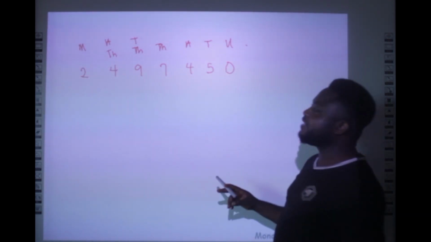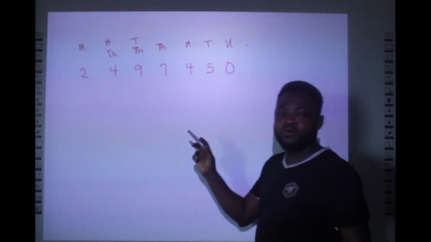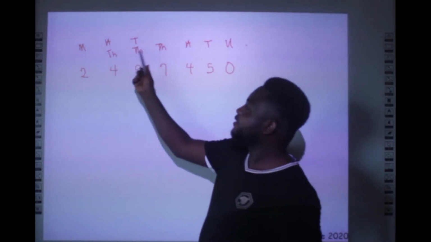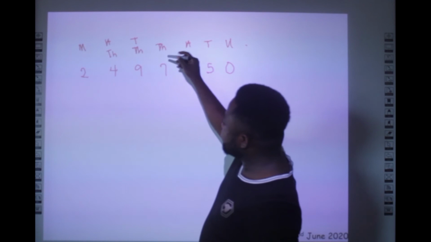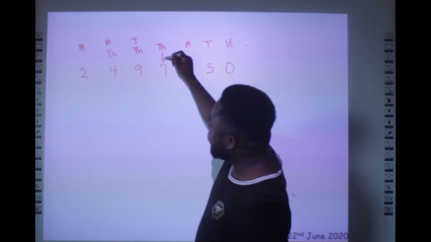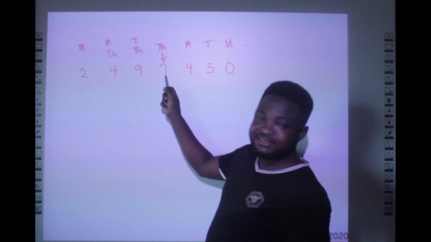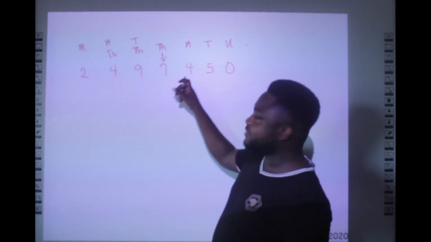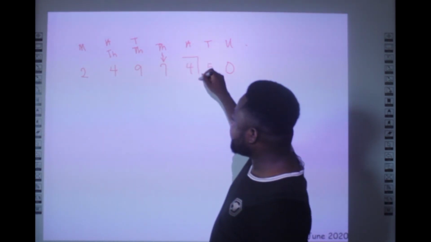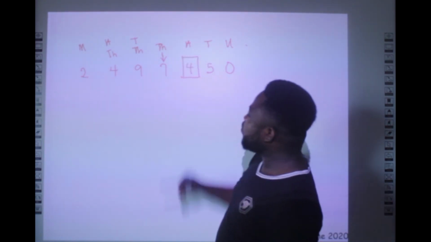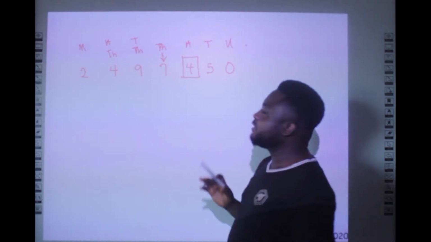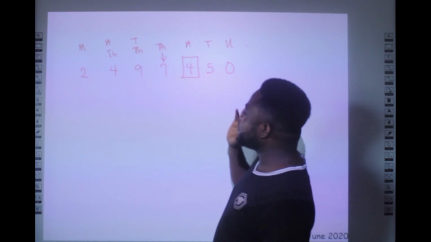Now, since it's to the nearest 1,000, where do we have 1,000 here? This is 1,000. So this is our target digit. Since this is the target digit, look at the right of the target digit. What do we have? We have 4. Now, is it up to 5?